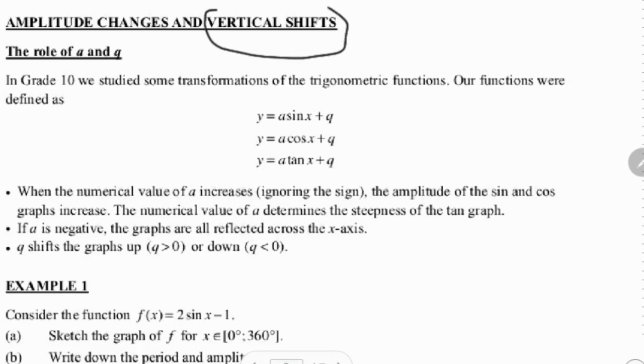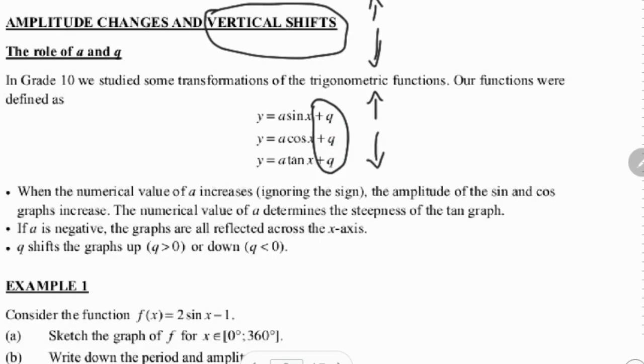The vertical shift is a shifting of the graph down or up. The effect is this Q here. If you have a function plus a number, that is Q units upwards. If you have a function minus a number, that is Q units downwards.